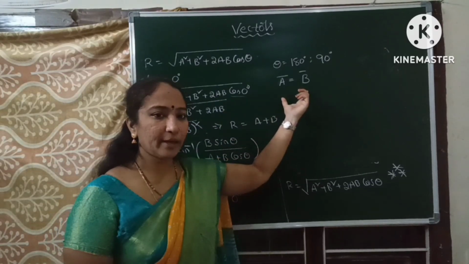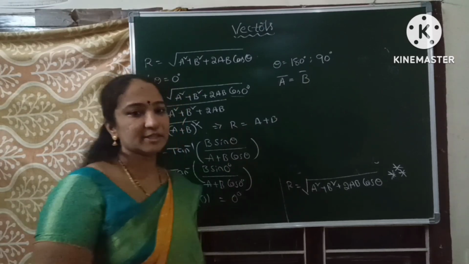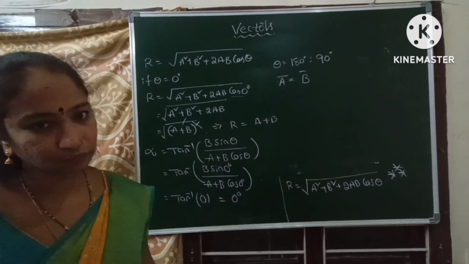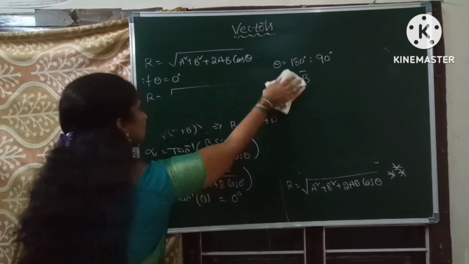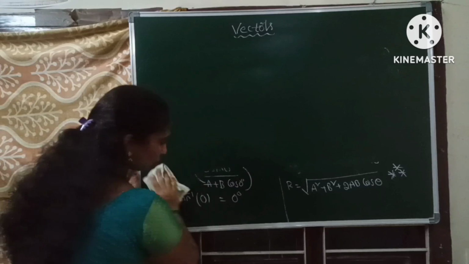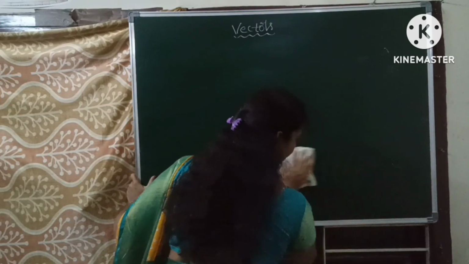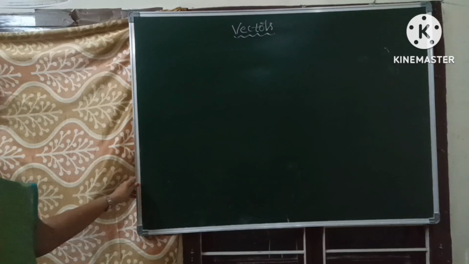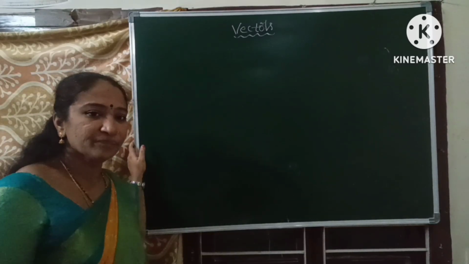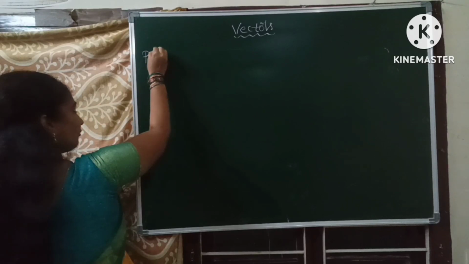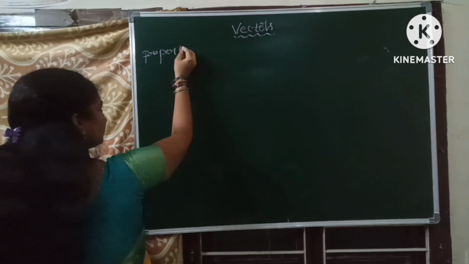Like this, different cases you can prove. Now vector addition follows some properties. The properties we learned in mathematics, like commutative, distributive and associative, we will check here in addition. Those are the properties of vector addition.